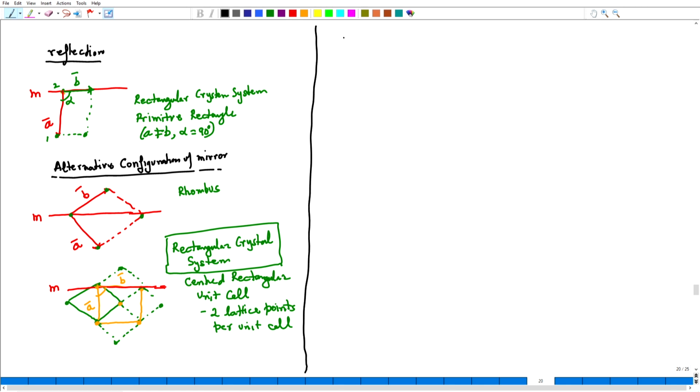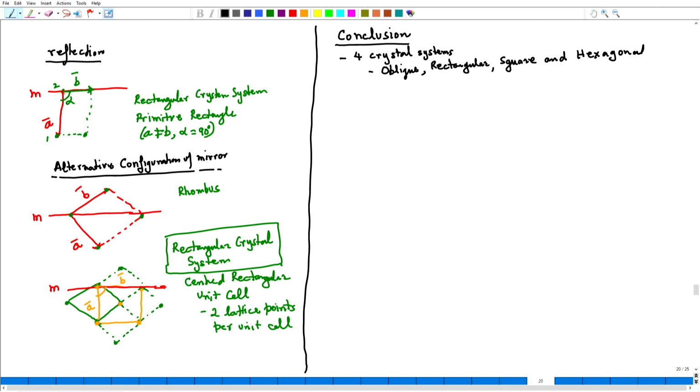So, if I put down the conclusion finally regarding the two dimensional lattices, I have four crystal systems named oblique, rectangular, square, and hexagonal.